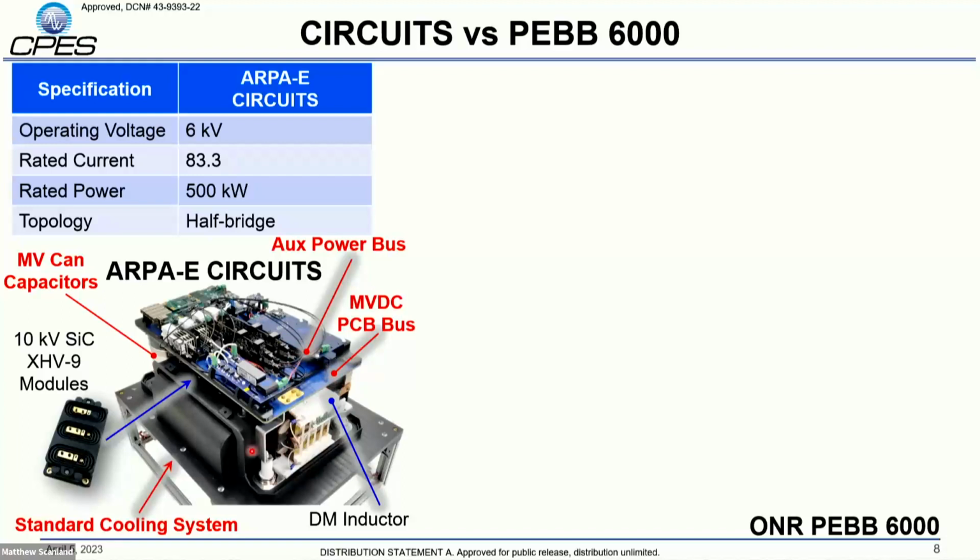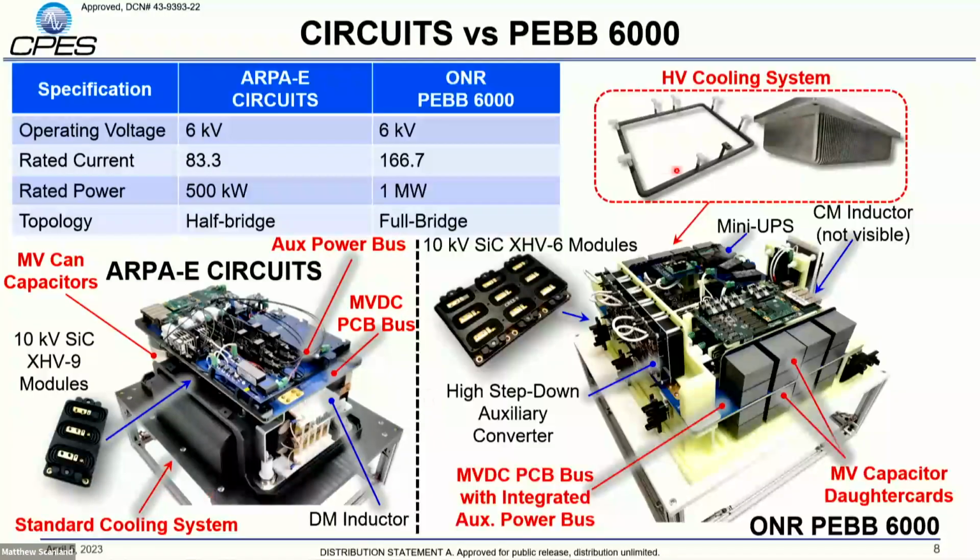The other place that we're going to look is going to be trying to modify the standard cooling system that we used before. And so we'll be implementing what we call a high voltage oriented cooling system. We'll be integrating the auxiliary power bus within the PCB bus, and we'll be building custom capacitors to replace the standard capacitors.